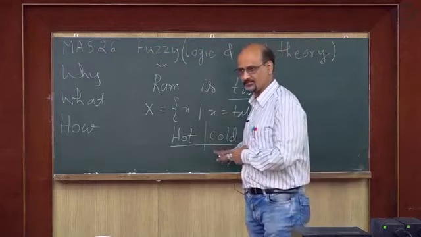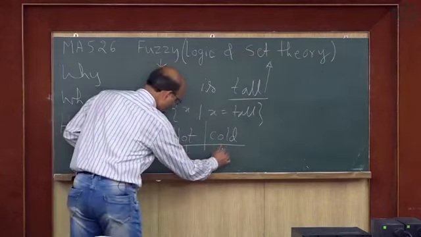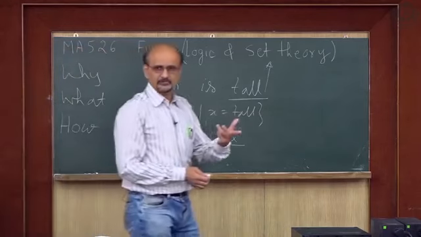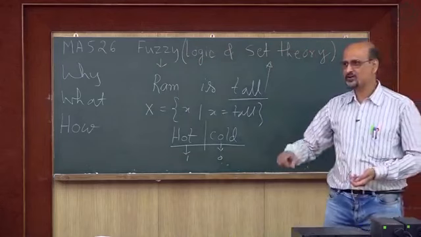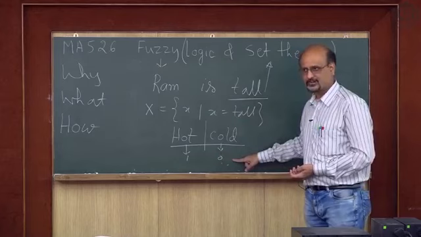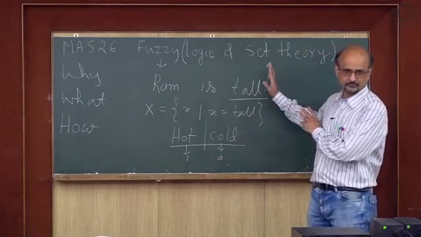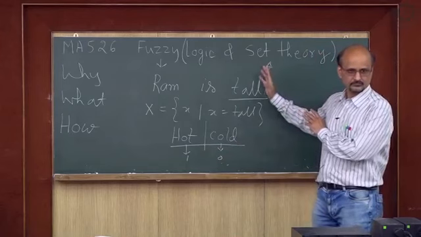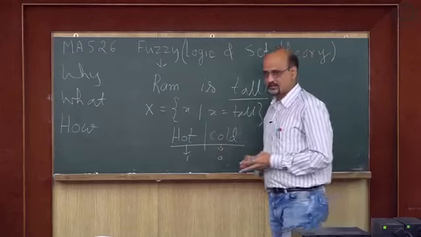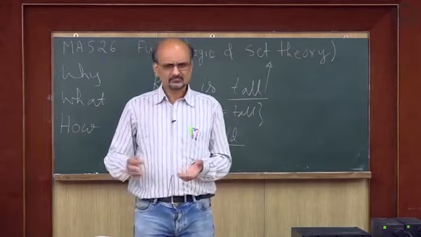That means if I designate this hot as 1 and cold as 0, whatever answer you are giving, those are binary, means either yes or no. If you say yes is 1, no is 0. That means whatever set theory you have read till now, that is a binary system. Understand? 1 or 0. Okay? But I may say no, this is not hot, this is less hot.